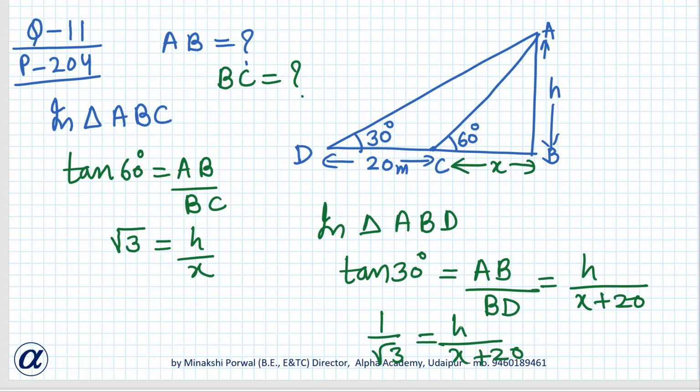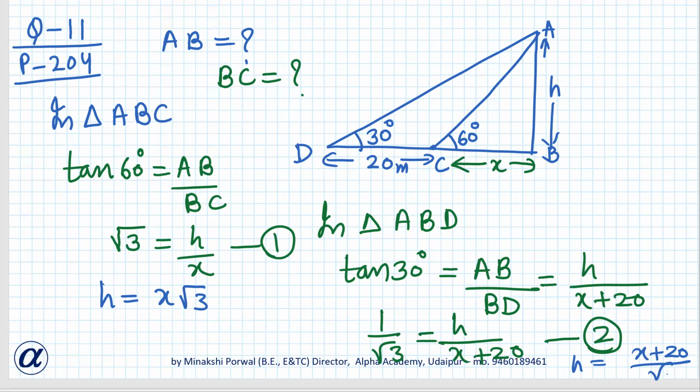Now when two quantities are unknown, we find the value of one thing from both equations and equate them. So we will find the value of H from both the equations. From equation 1, H is X√3, and here H is (X plus 20) by √3, and we will equate them.